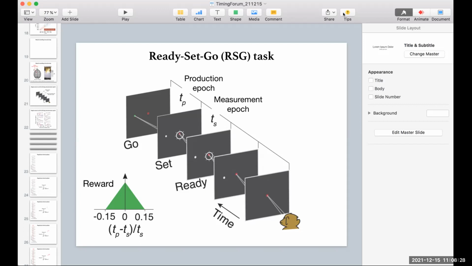So that adjustment of ramping activity is because it's integrating across a pacemaker according to how many pulses the interval is going to be.